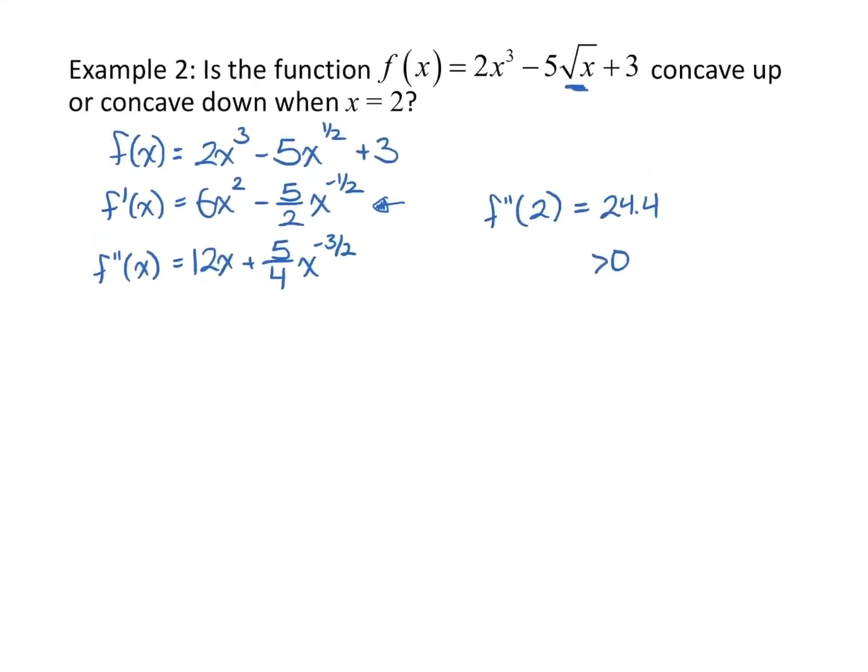So if you remember from our concavity, when our second derivative is positive, it means our function is concave up. So we're going to write down that it's positive, it's greater than 0, and then we're going to write down our conclusion. Concave up. Make sure you're writing out in words whether it's concave up or concave down.